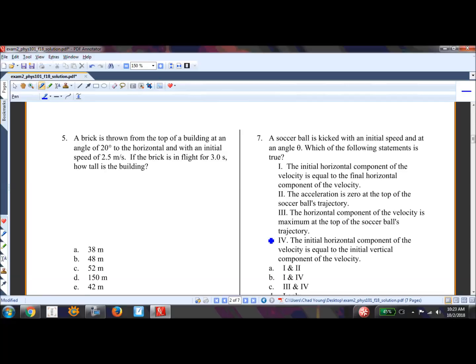And so what I get is, let's see, 2.5 times 1 minus 5 times 9, which is 45.